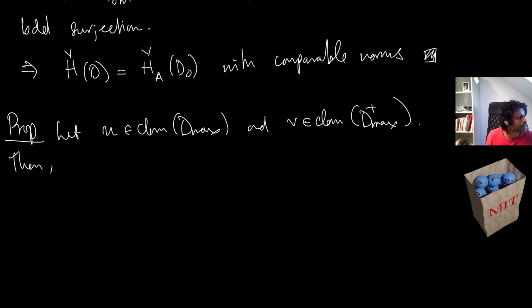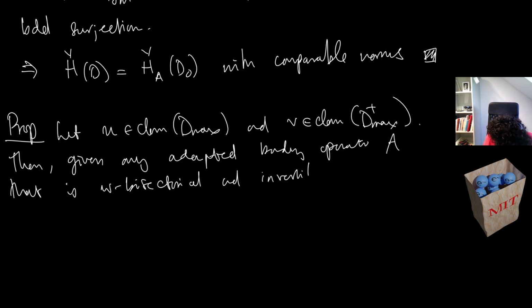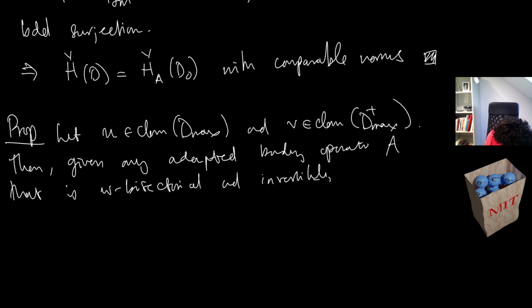Then, given any adapted boundary operator A that is omega bisectorial and invertible, what do we have?